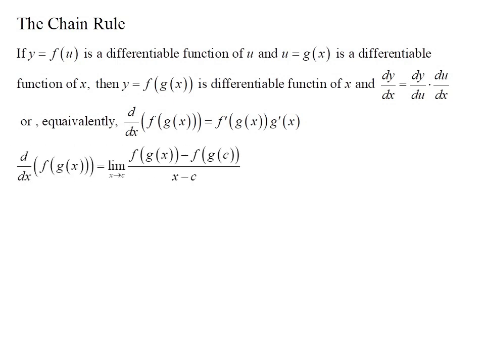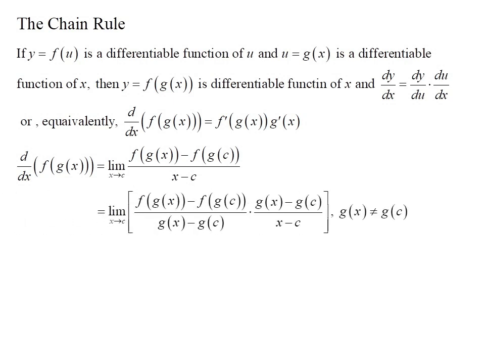The proof uses the technique of multiplying and dividing by the same non-zero quantity. Here we assume that g of x does not equal g of c for values of x other than c. So the term g of x minus g of c is multiplied and divided by the first principle expression.